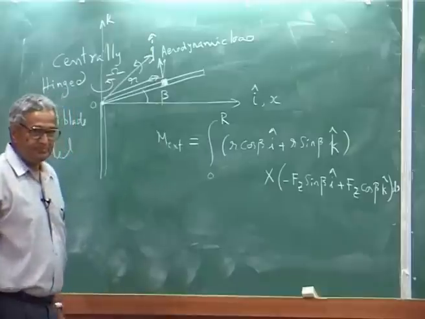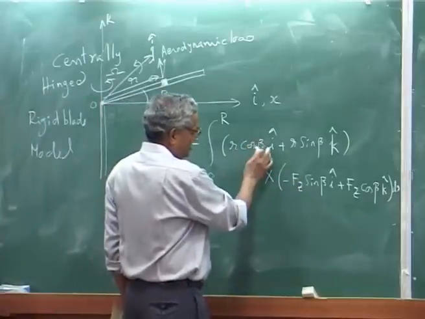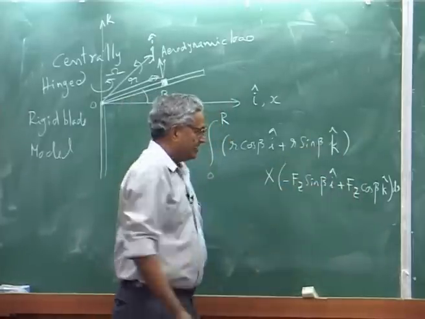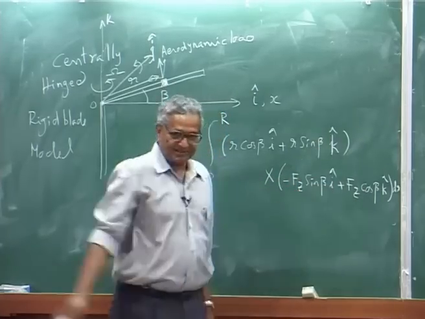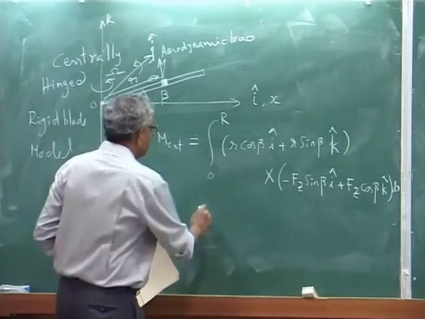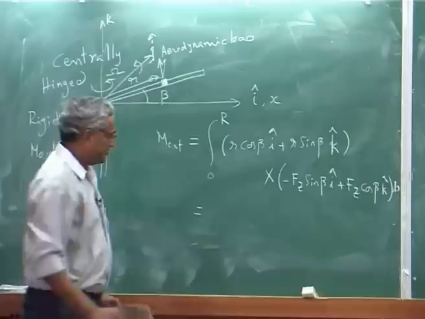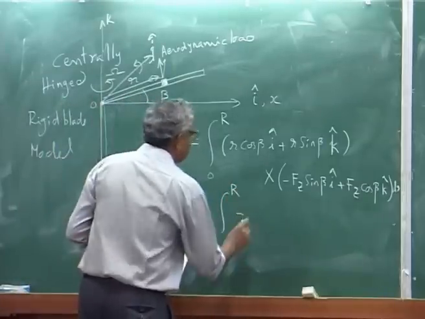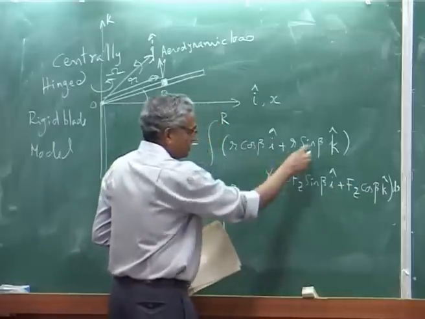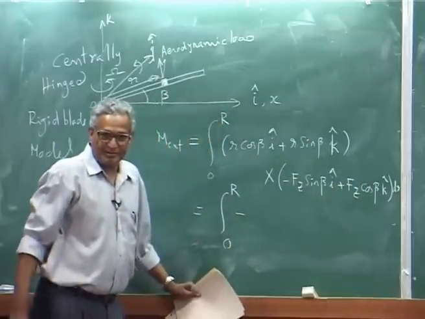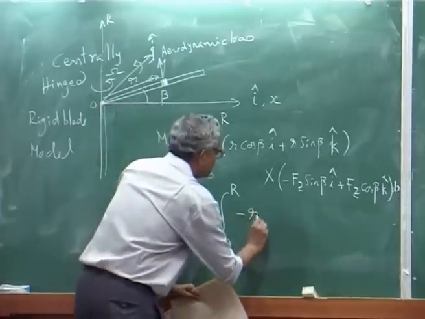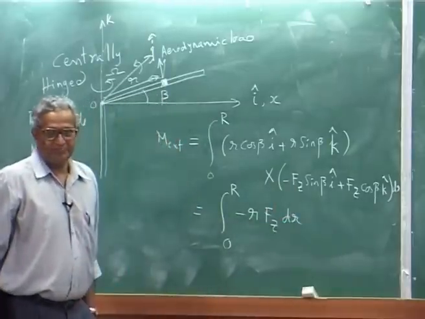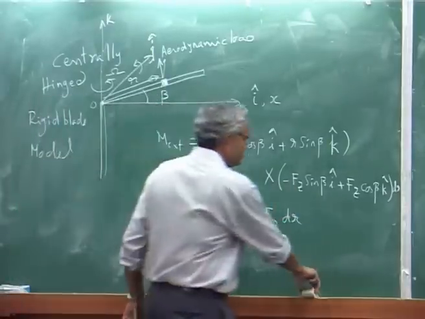Now I cross I is 0, I cross K is minus J, and K cross I is J. So this moment will be only along the J axis, with cosine square plus sine square equal to 1, you will get minus R Fg dr. That's all.